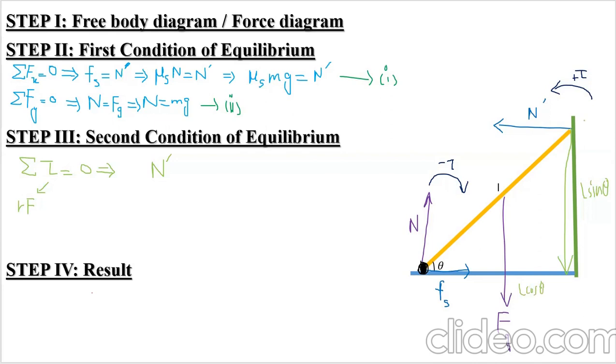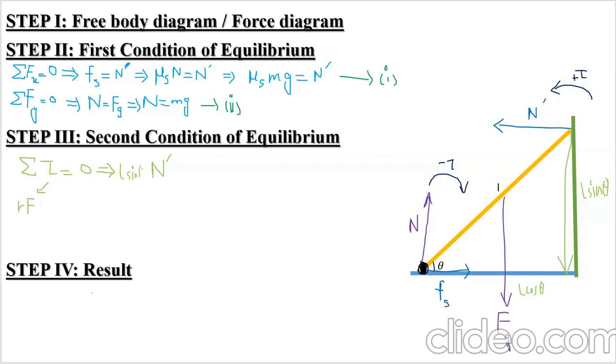Here I'm considering this big triangle. So if you find the moment arm, this is the moment arm because it is the perpendicular distance from this reaction force. So here I will substitute L sine theta.